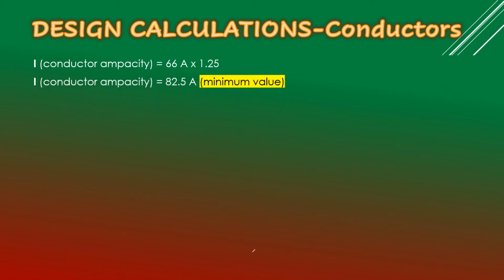So current for the conductor ampacity, we use 66 ampere and as per the code 1.25. So the resulting value is 82.5 amperes. As per the code, this is the minimum value of conductor ampacity.